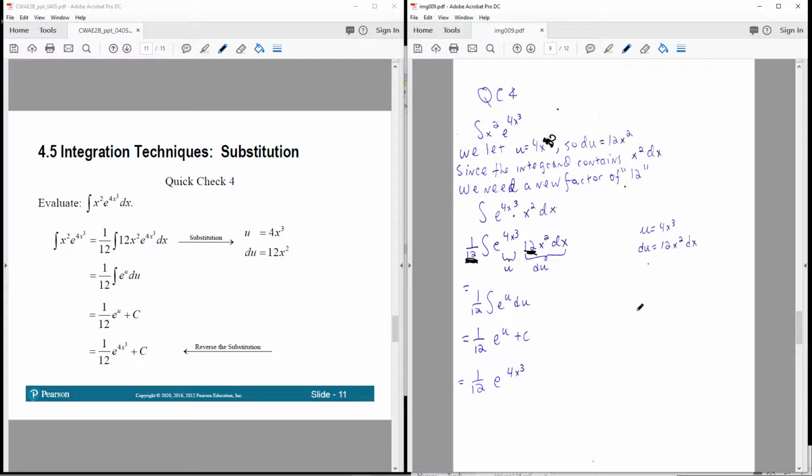Then I integrate it. I have my u and du. And I integrate it and end up with 1/12 e to the u plus c, which gives me 1/12 e to the 4x to the third.